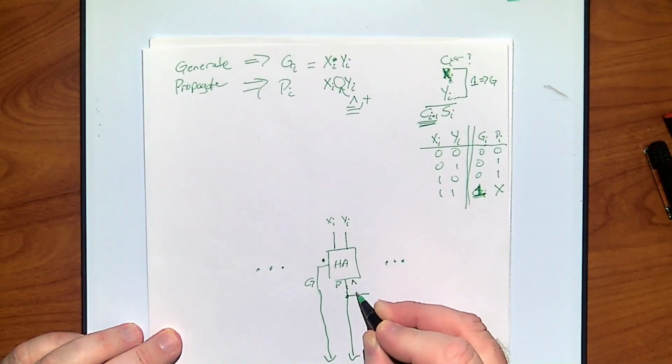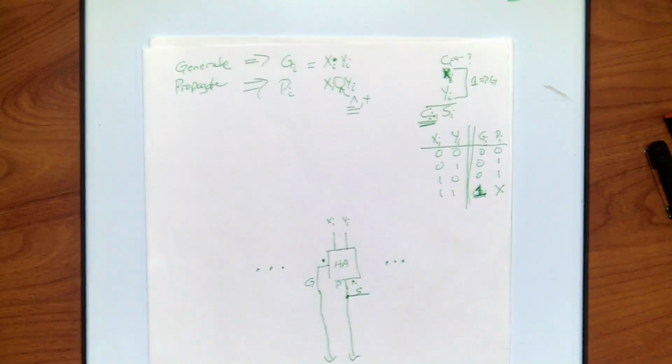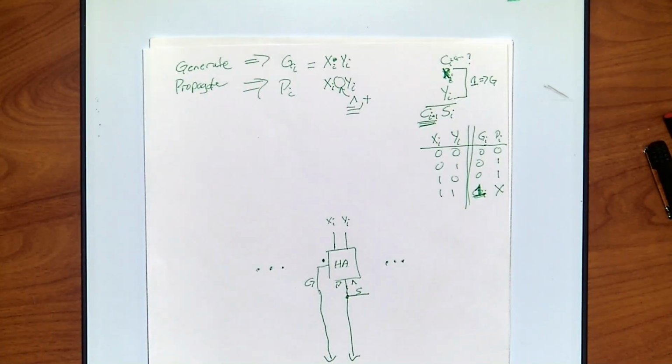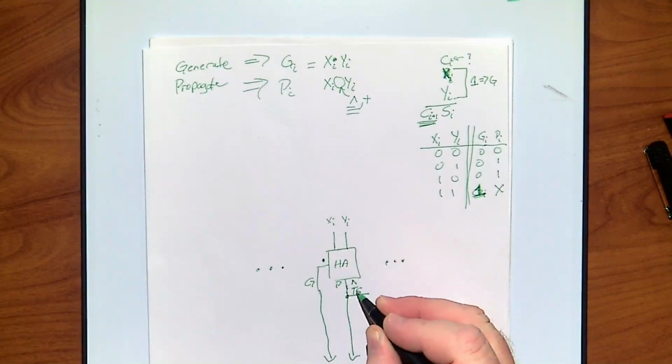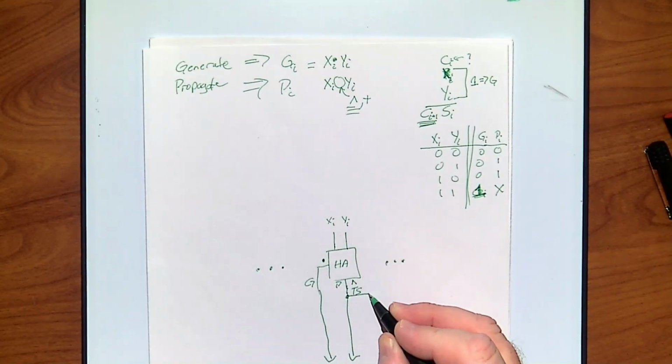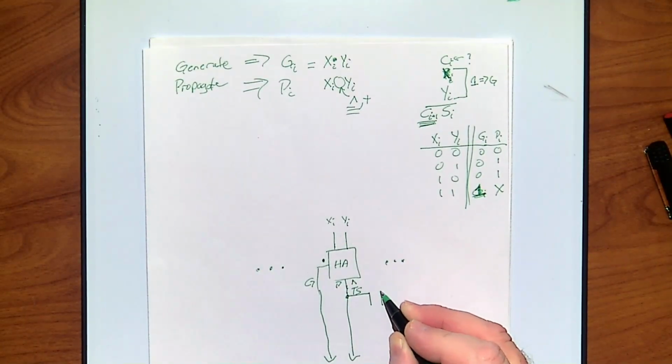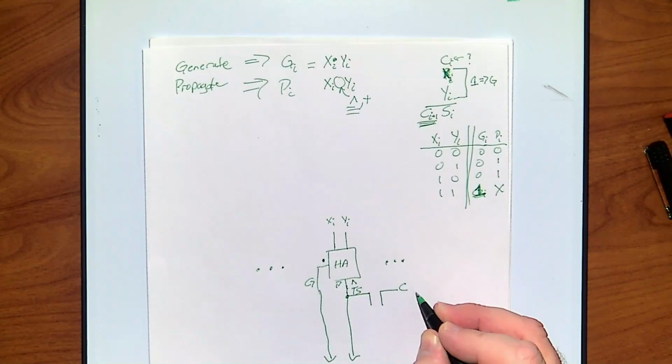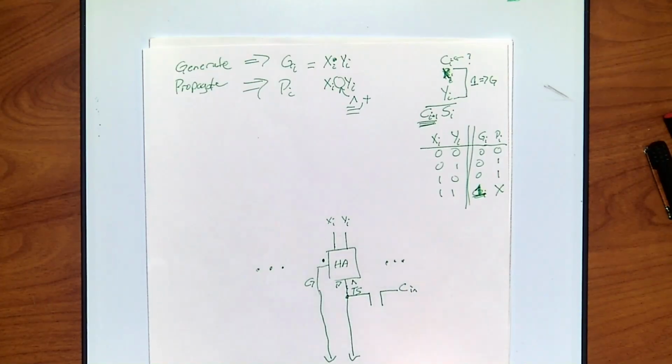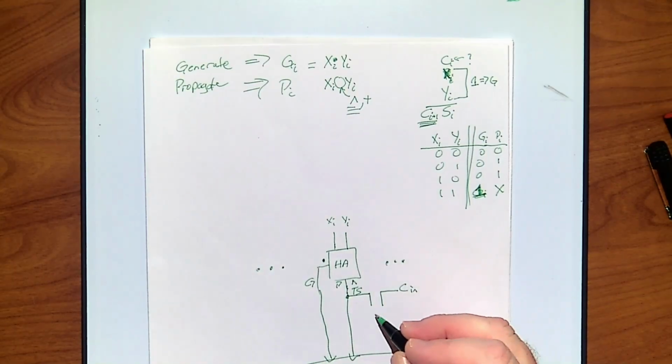But this propagate is also a temporary sum in between. Maybe I'll put TS for a temporary sum, because this was the sum of these two. Then I have to add it together with a carry in that is actually going to come from whatever this block carry look ahead will do down here, or carry look ahead if you made it big enough.